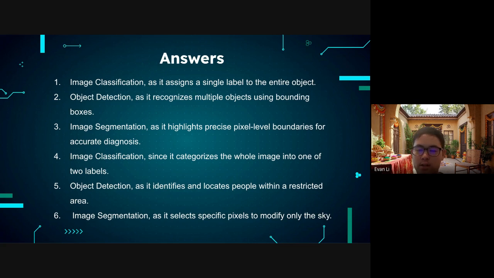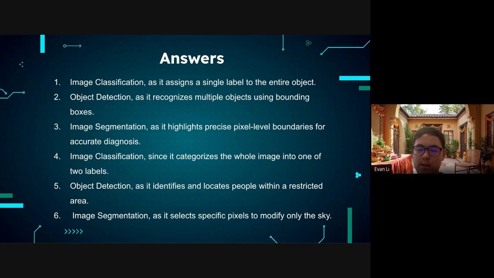Finally, the sixth scenario, where image editing software allows you to select and change the color of only the sky in a photograph, utilizes image segmentation. To enable the user to change the color of just the sky, the software must first accurately identify and isolate all pixels that constitute the sky in the image.